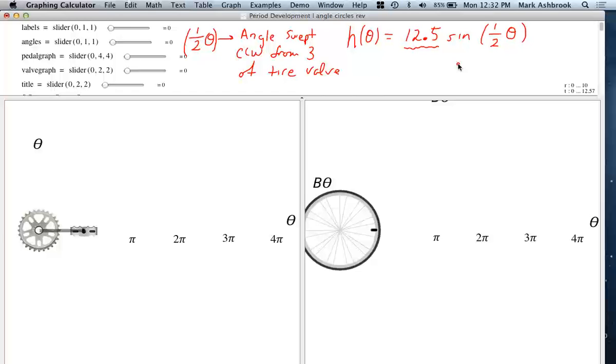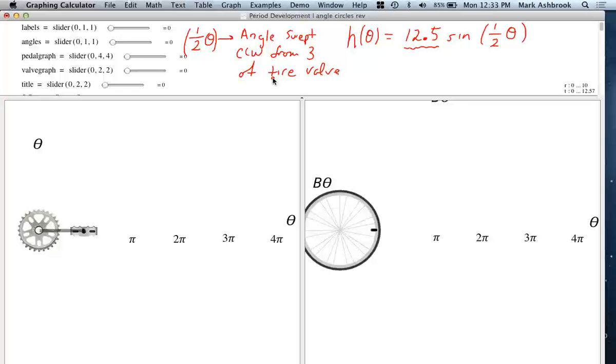We kind of skipped over it. In the previous question, it says the tire valve is 12.5 inches from the center of the circle. So this distance right here to the tire valve is 12.5 inches. The fact that there's a 12.5 gives us a high degree of confidence that this is talking about the tire valve. All right, so 1/2 theta is the angle swept counterclockwise from 3 o'clock of the tire valve.